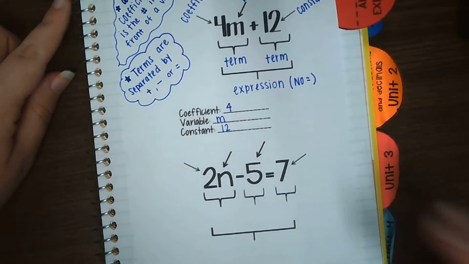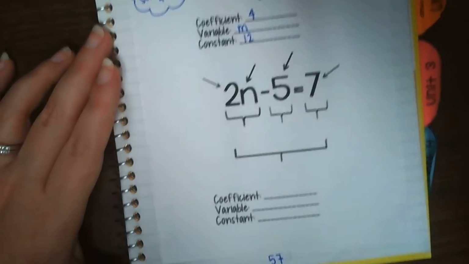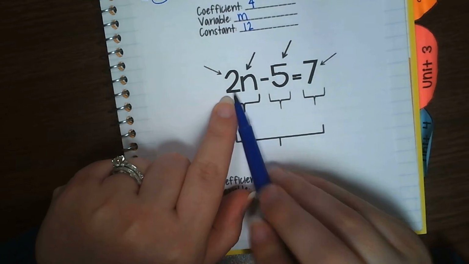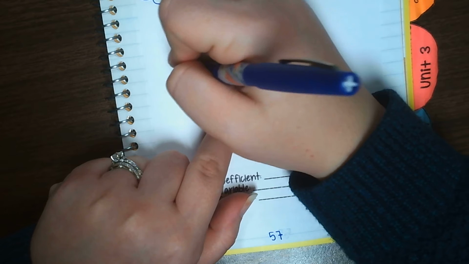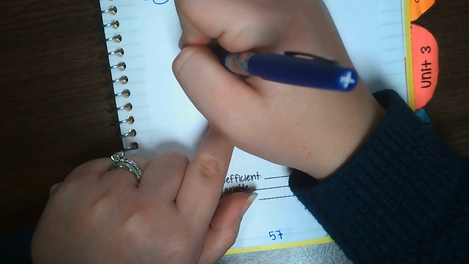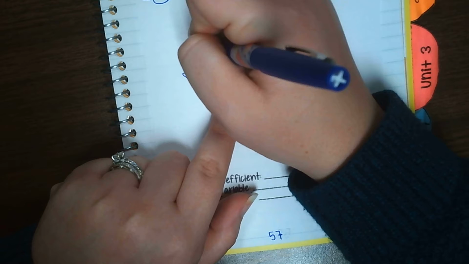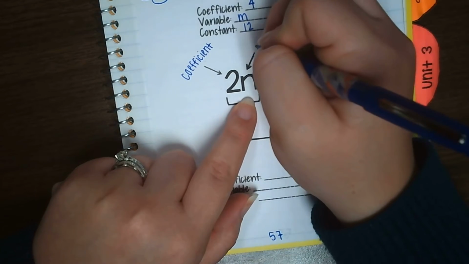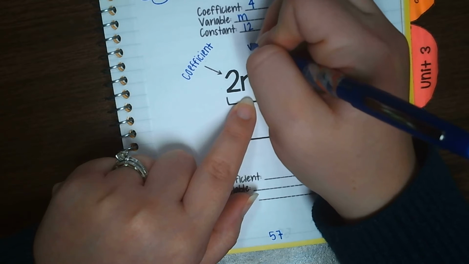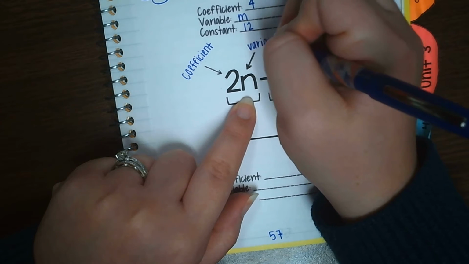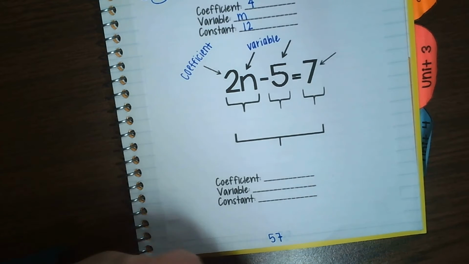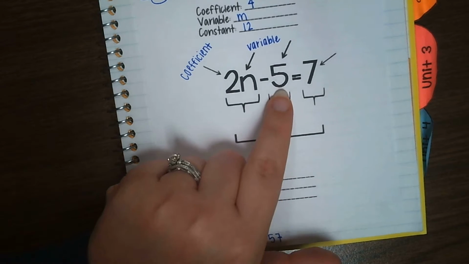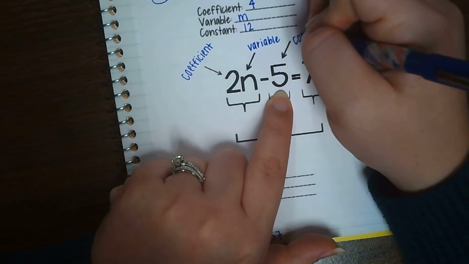Okay, very similar down at the bottom. We have a coefficient of 2. Our variable is n. Five is a constant.